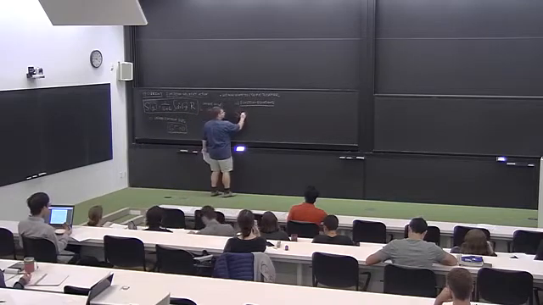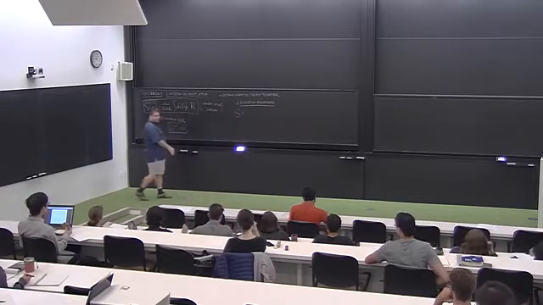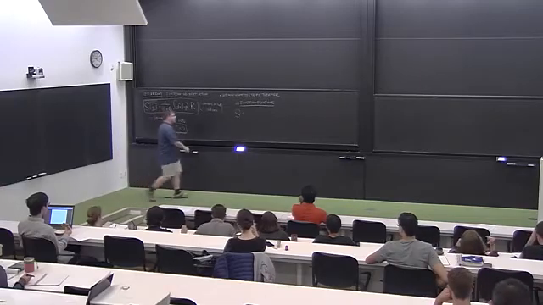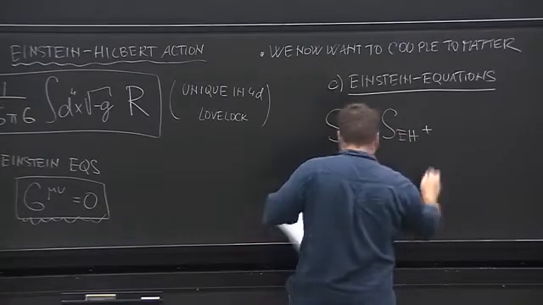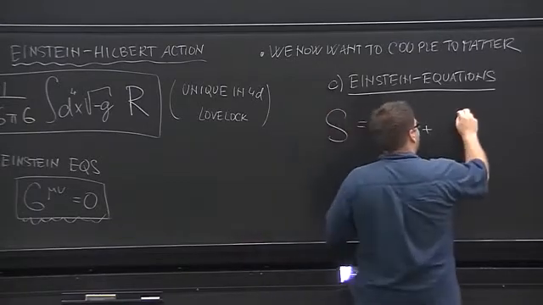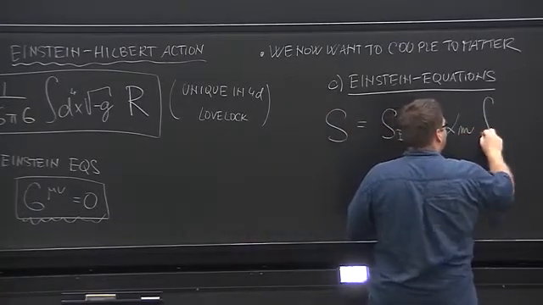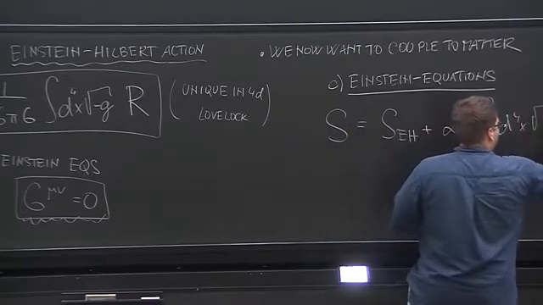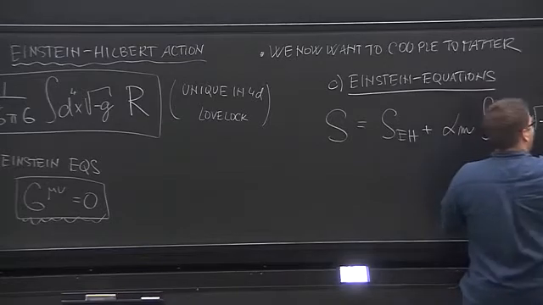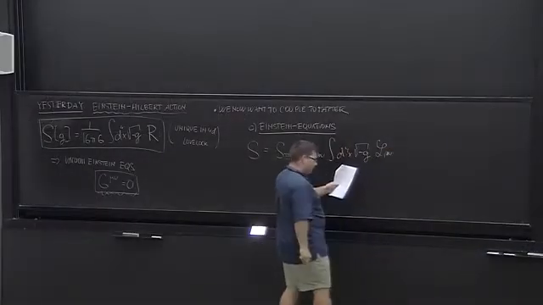So now the action, matter plus gravity, is simply the Einstein-Hilbert action plus the matter action. And so I'll put this alpha m here just to confuse you, d4x square root of minus g, and the Lagrangian for matter.